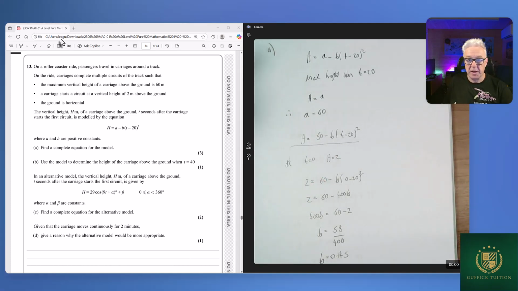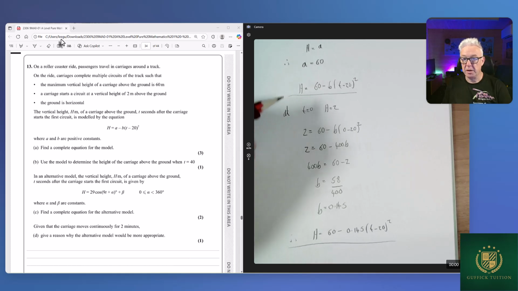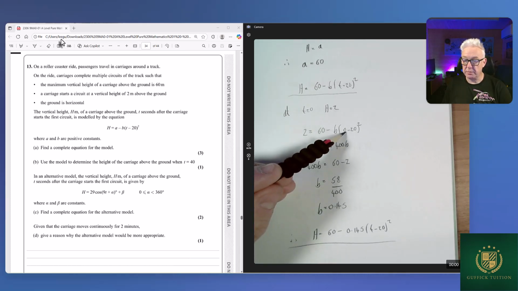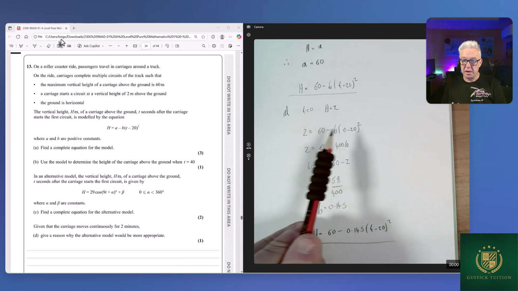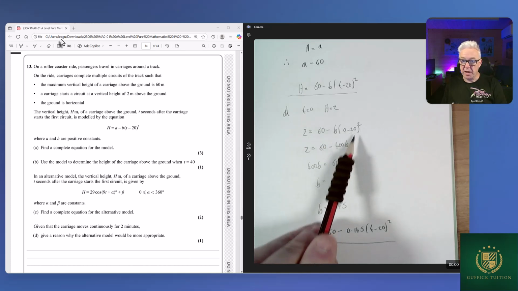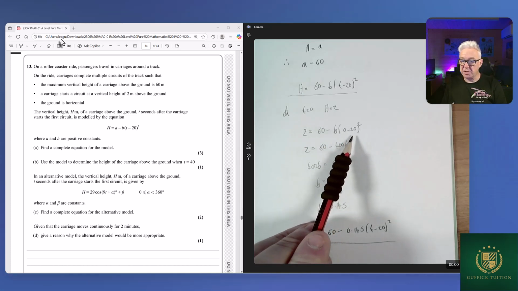Next step. We're also told that at the start of the circuit, the height of the carriage is 2 metres above the ground. So that's basically telling us that when t is 0, h is equal to 2. So we can now sub that into our equation. That gives us 0 minus 20 squared, which is minus 20 squared, which is 400.